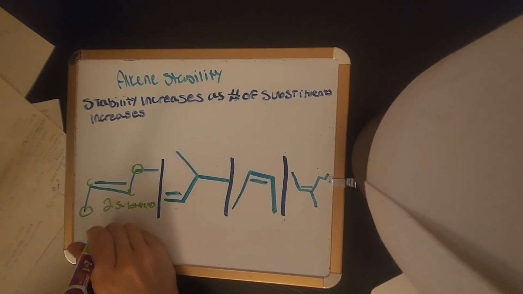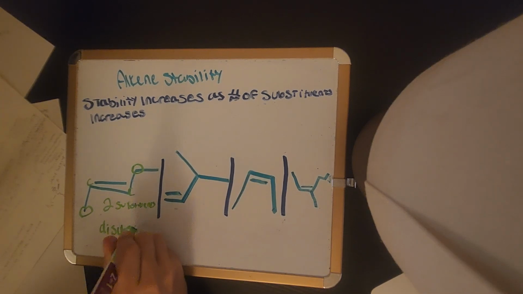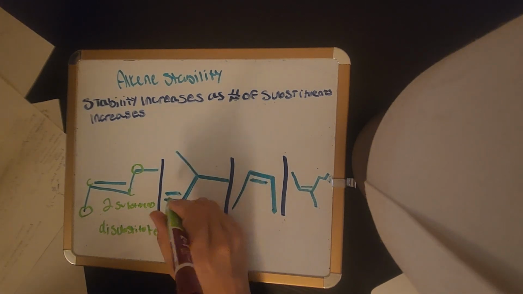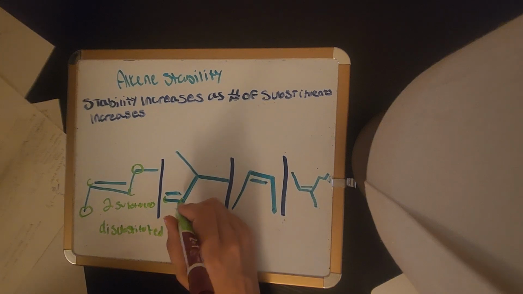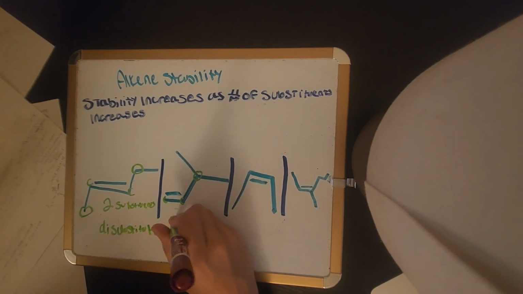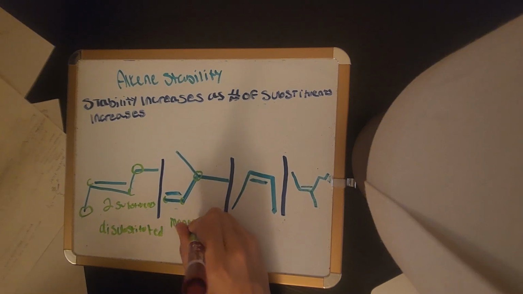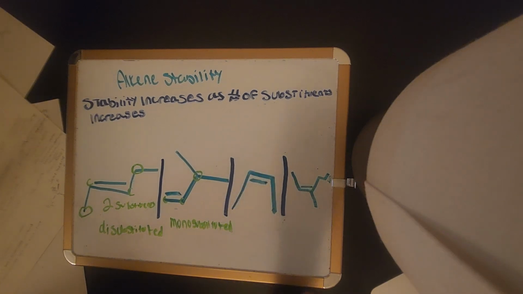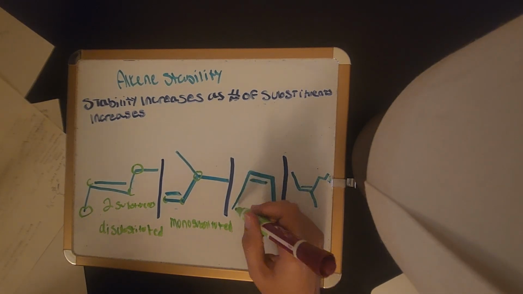This would make it disubstituted. In this case, this carbon only has one, makes it monosubstituted. In this case, it has two.